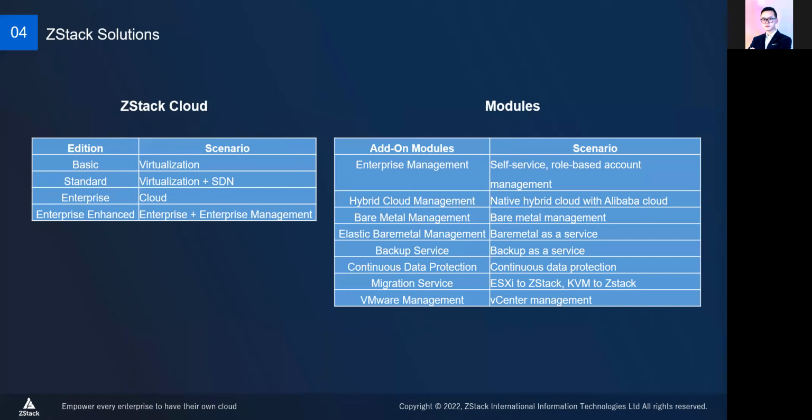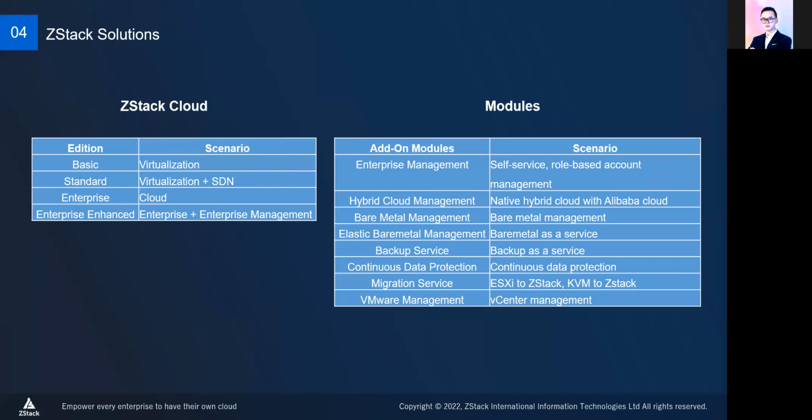It has some basic features and also brings some SDN features. The third edition we call Enterprise. It can be used to build a cloud. And last, we call Enterprise Enhanced. It can build a cloud and also handle multi-tenant management scenarios.